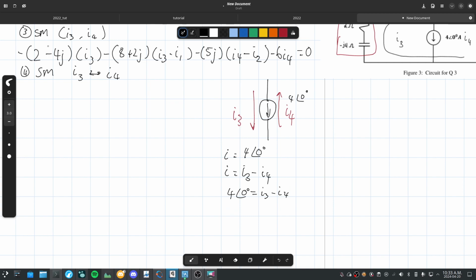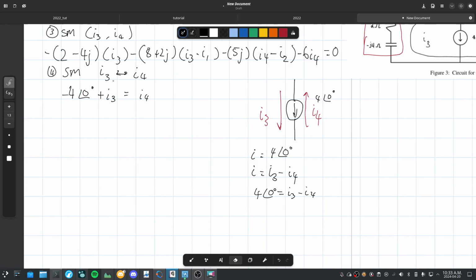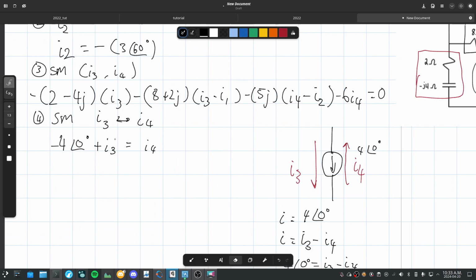We can simplify this further to just isolate for I3. So we're going to write down here 4 with a phase of 0 is equal to I3 minus I4. Actually, let's isolate for I4. You'll get the exact same answer either way, so don't worry about it. So I4 is equal to I3 minus 4.